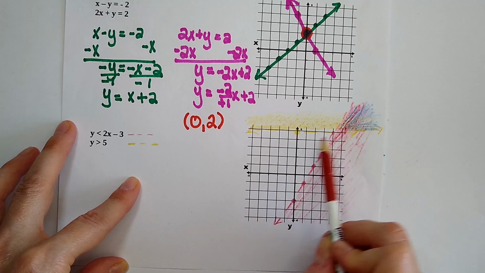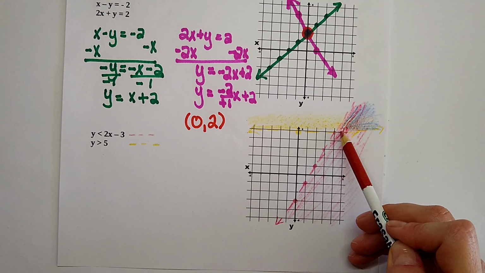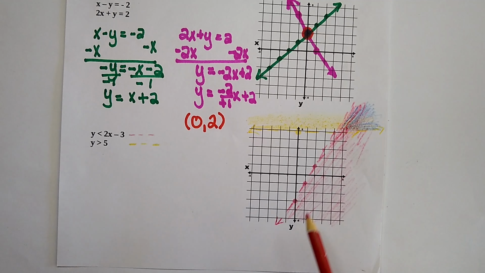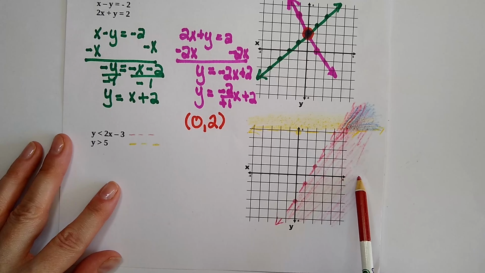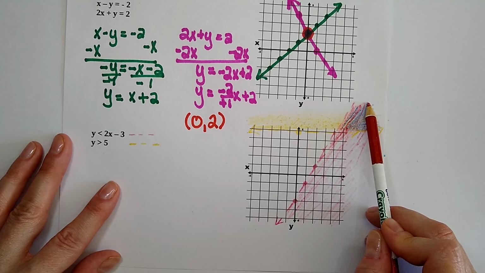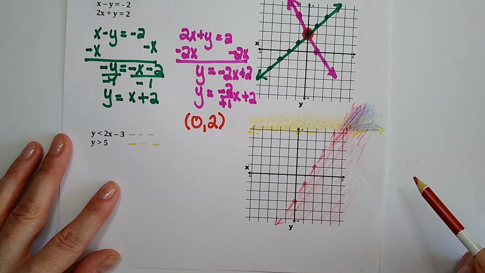The dashed lines means that the line itself is not part of the solution to the two inequalities, only the shaded region here. Okay? So if I chose the point maybe like, let's say 7, 7, that would probably be in my set of solutions up here.